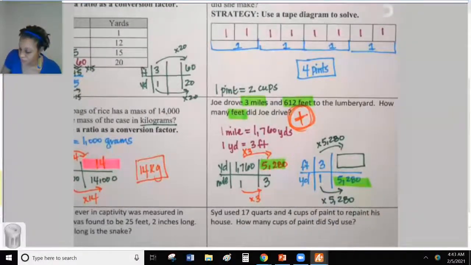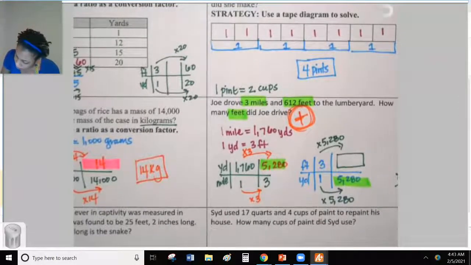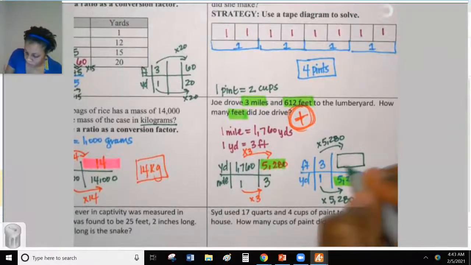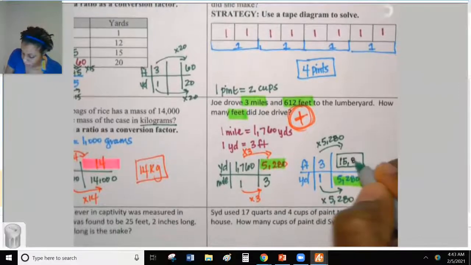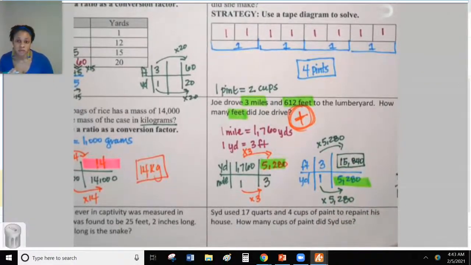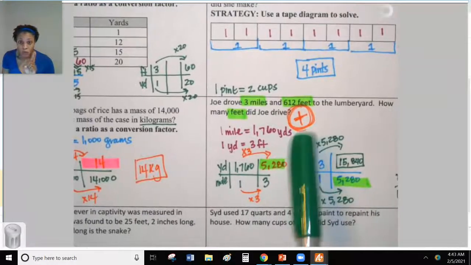And you would do some side work. And I will get 15,840 would be the feet. So 3 miles is 15,840 feet. But am I done? No, I'm not.